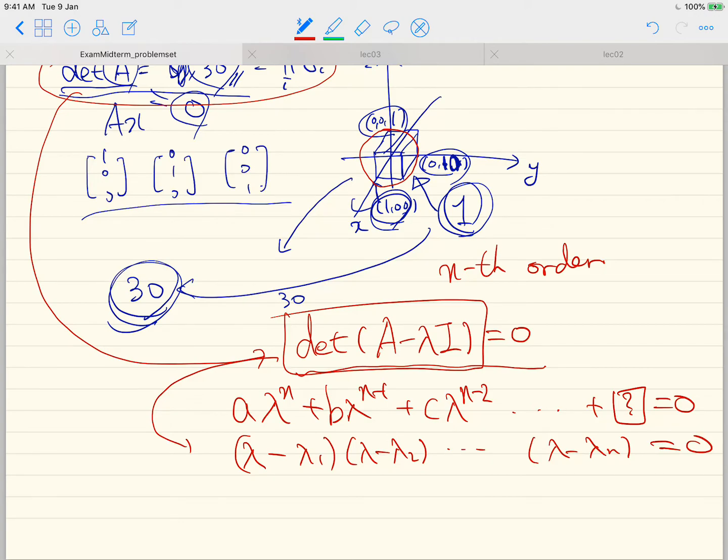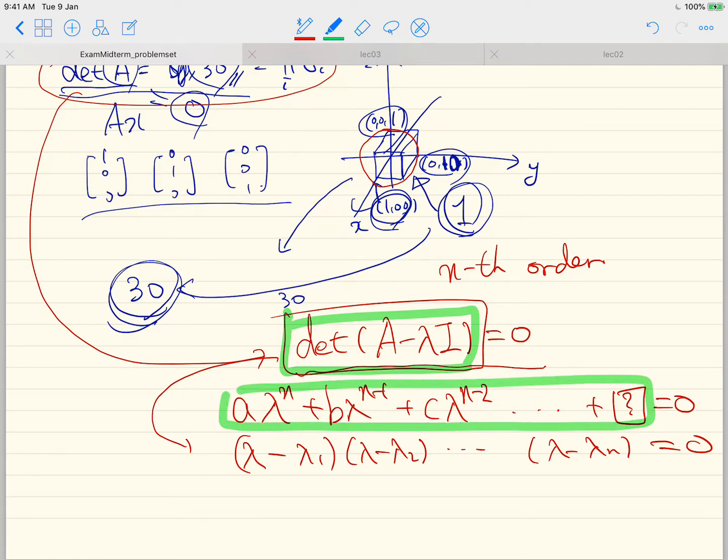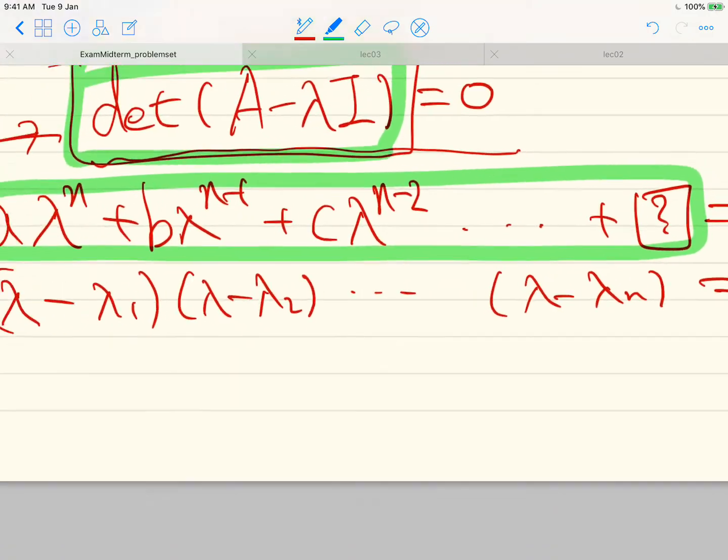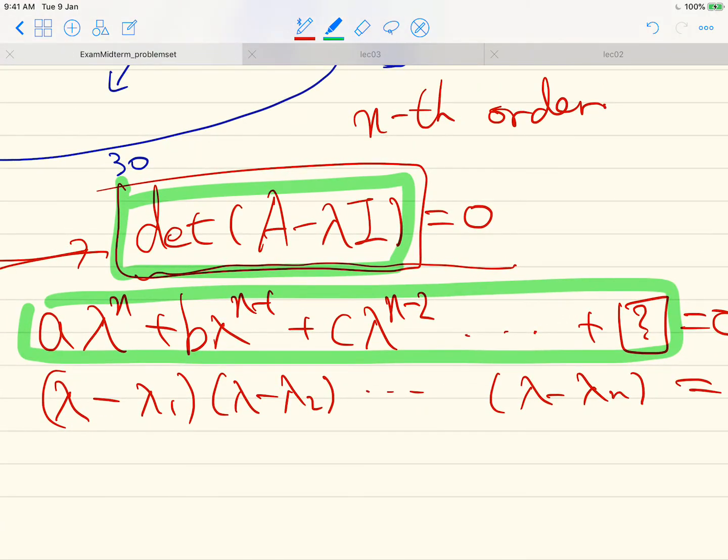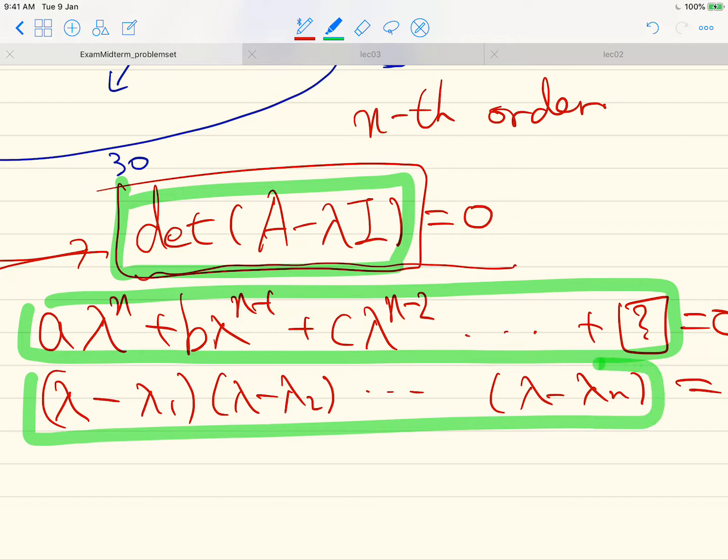So this part is represented as just an nth order polynomial, right? But if we assume that we already obtained the roots, the solutions of this equation, then it will have the factored form in this form, right?